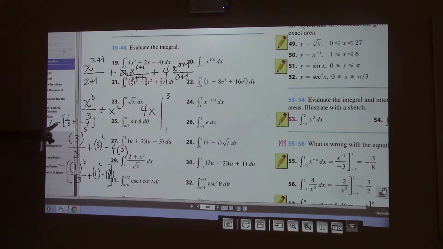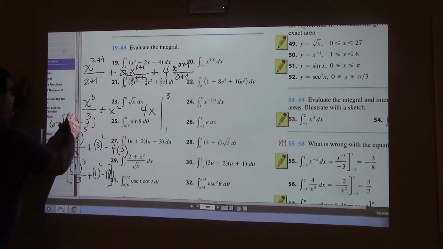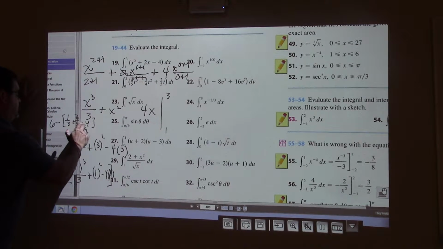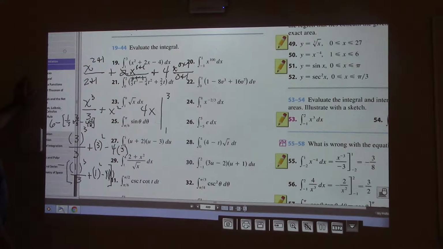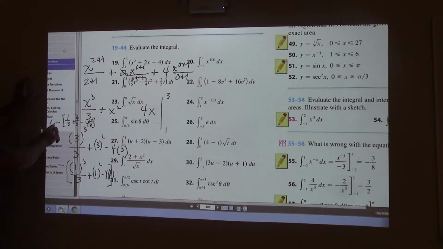Of course, we need a common denominator here. So this is 3/3 and this is 12/3. So that's going to be 1 plus 3, 4 minus 12 is negative 8/3. Y'all help me out. And negative 8/3 plus, what? 6 plus negative 8/3.